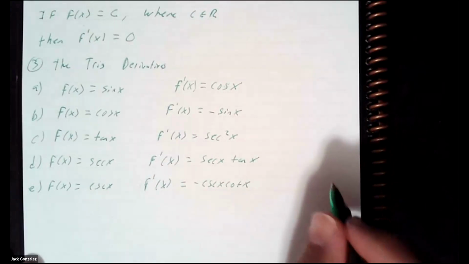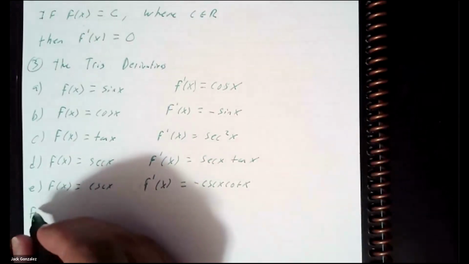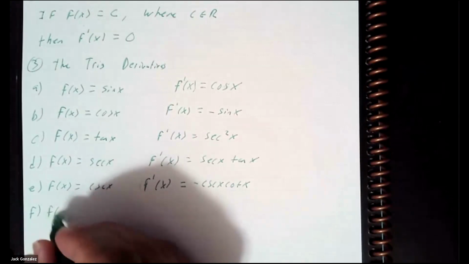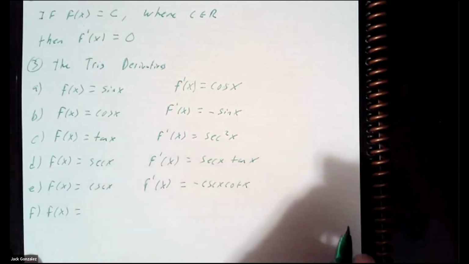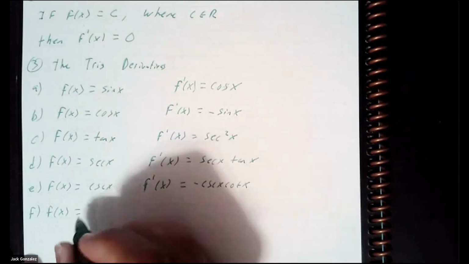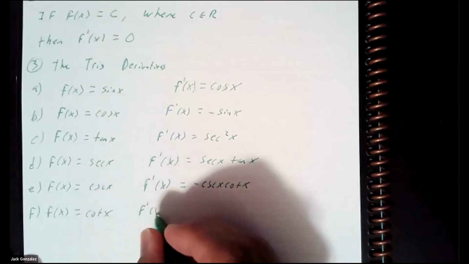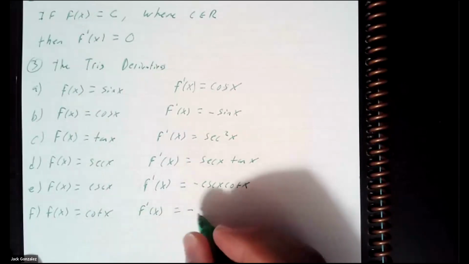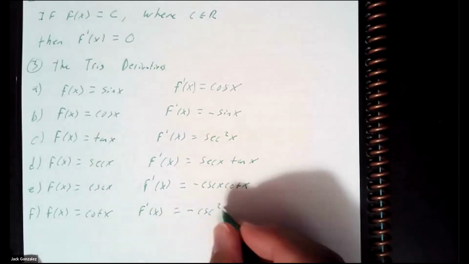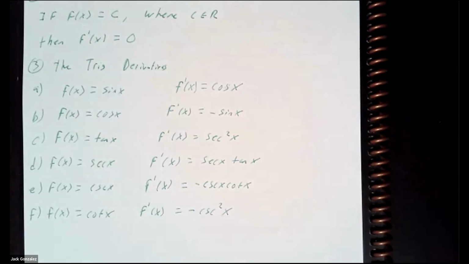Yeah, secant squared. If f is equal to cotangent, the derivative is negative cosecant squared x. All right.